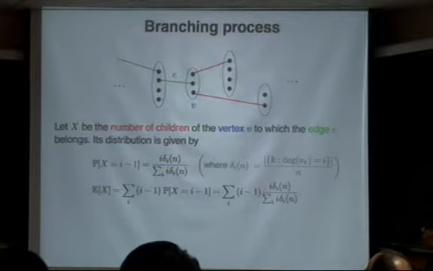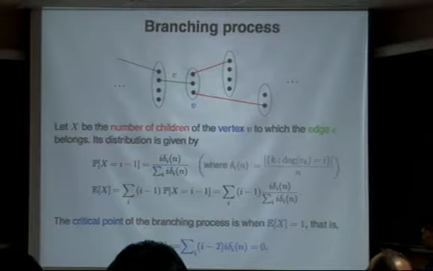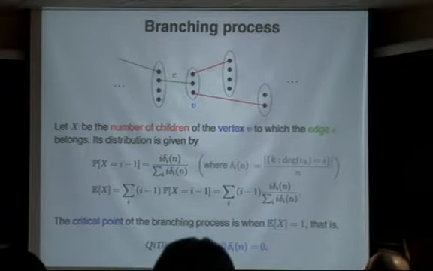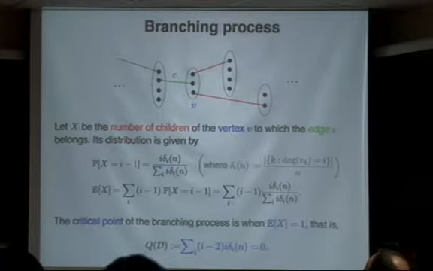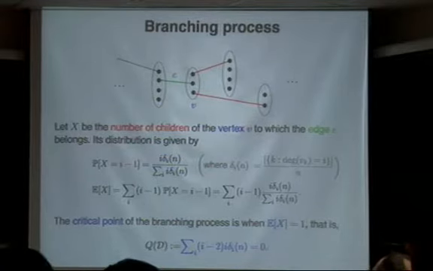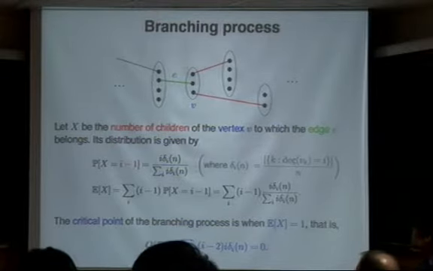So we have to determine when it becomes 1. The critical point of the branching process is when the expectation equals 1, so you do the algebra, and this is equivalent to saying that Q(D) equals 0. That's how we determine the critical point. It's a calculation.